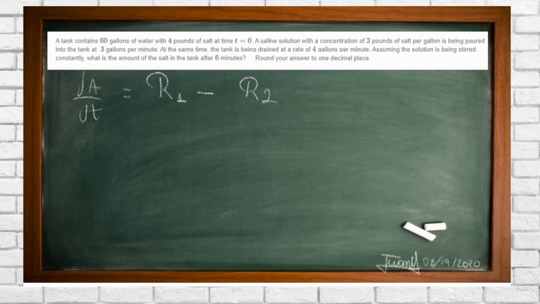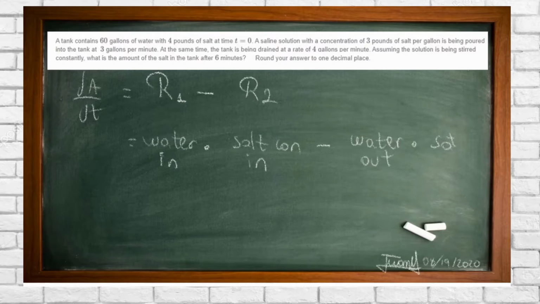That is the water flow, the water in, times the salt concentration in, the 3 pounds per gallon, minus the water that is going out times the salt concentration out.